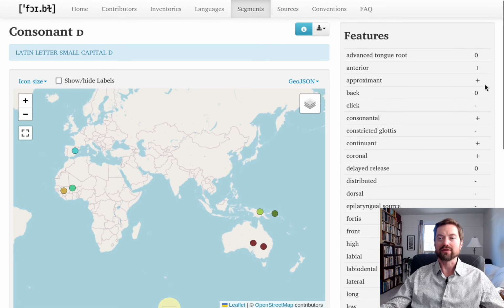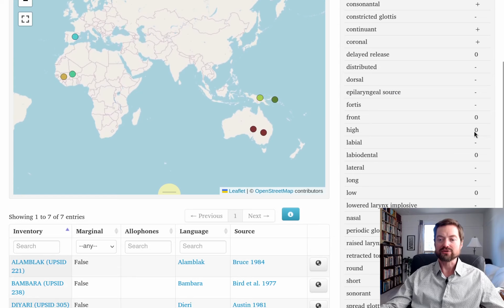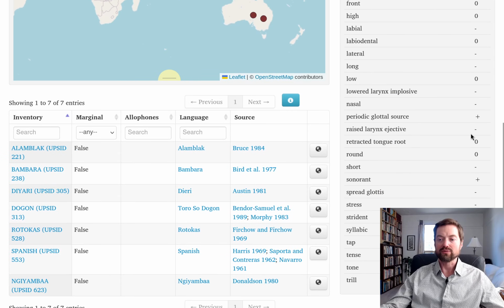Well, here we can look at the breakdown of these features to try to figure out what is going on. We can see that it's a kind of tap. Okay, so that's a tap, and it's a sonorant.